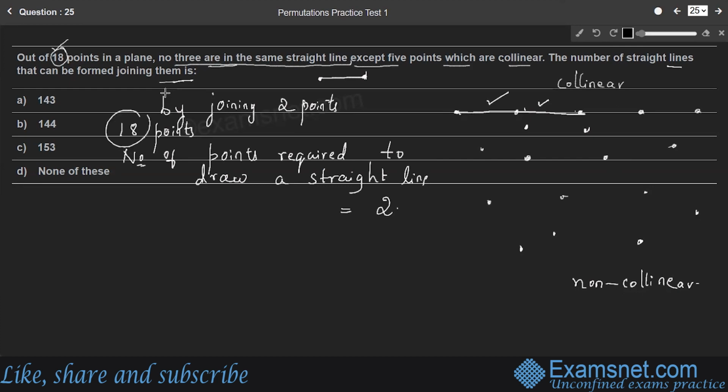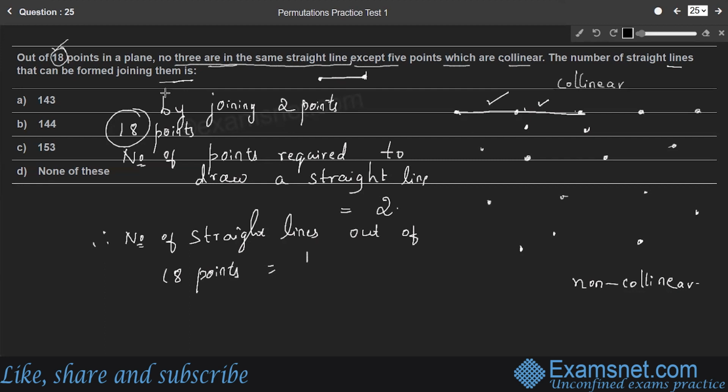So out of 18 points, how many straight lines can be drawn? Therefore, number of straight lines drawn out of 18 points. How many number of straight lines can be drawn out of 18 points? So this question is related to the combination, right?